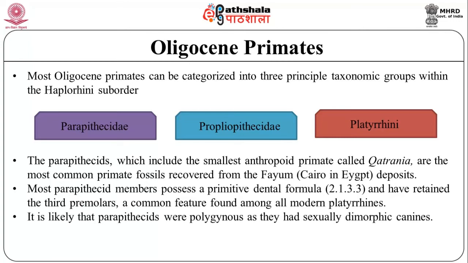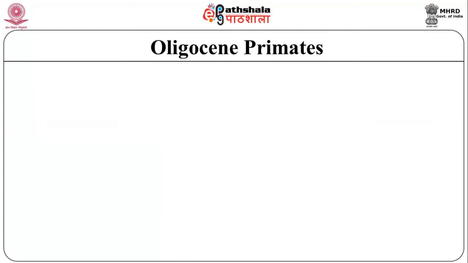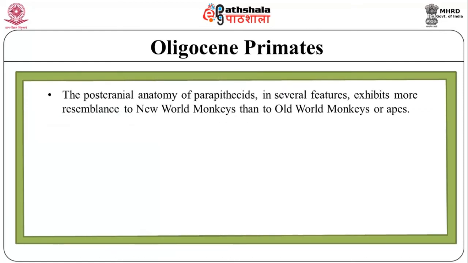It is likely that Parapithecids were polygynous as they had sexually dimorphic canines. The postcranial anatomy of Parapithecids in several features exhibits more resemblance to New World monkeys than to Old World monkeys or apes.